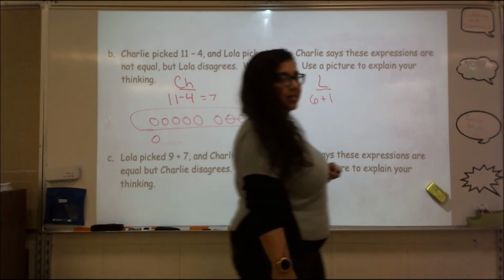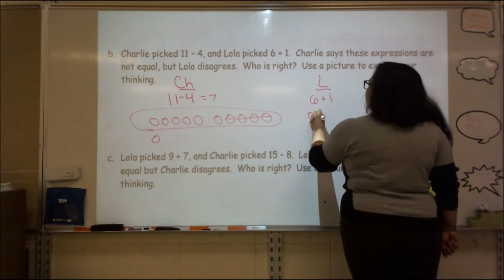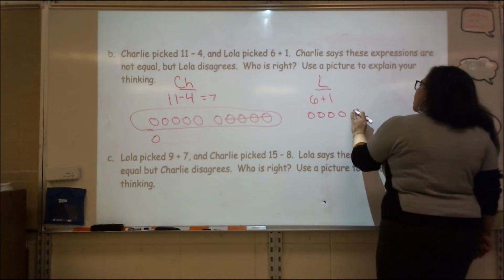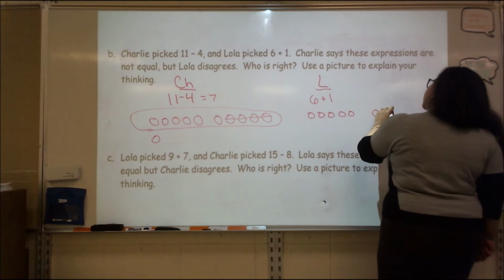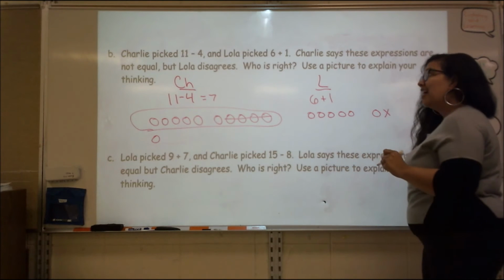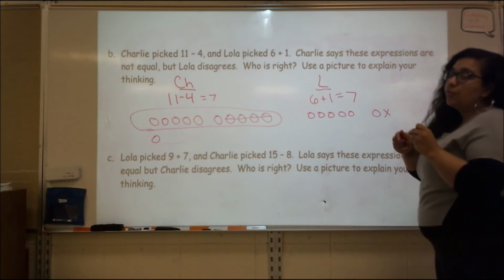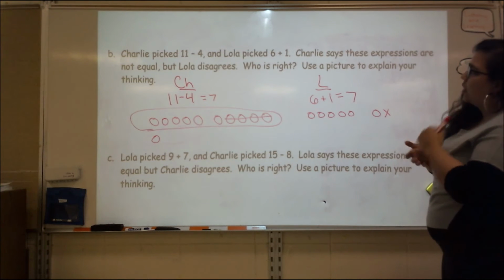Okay, well, Lola has 6 plus 1. Let's draw for Lola. 1, 2, 3, 4, 5, 6. What is that? 7. 6 plus 1 is equal to 7. So that's what it means when it says use a picture to explain. But have we answered the question yet?